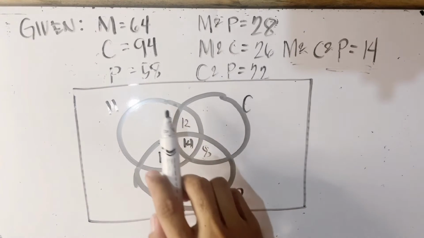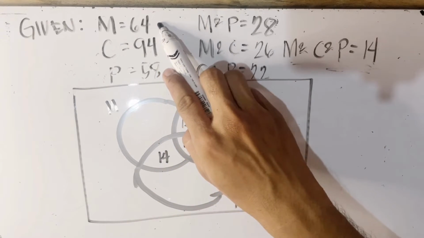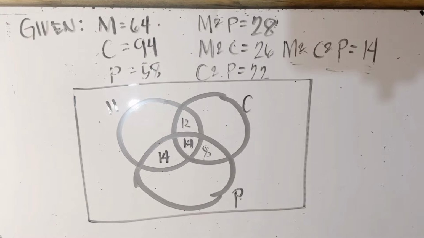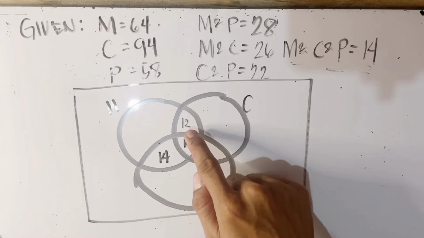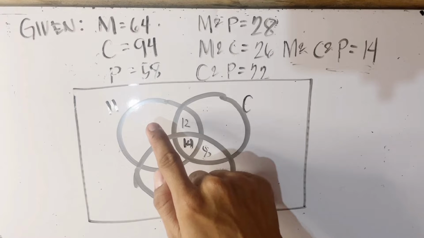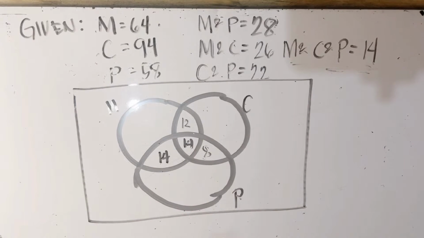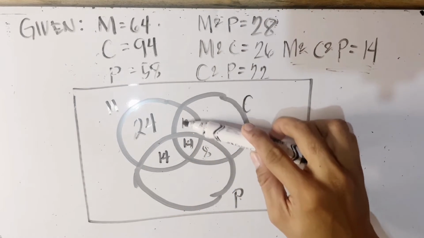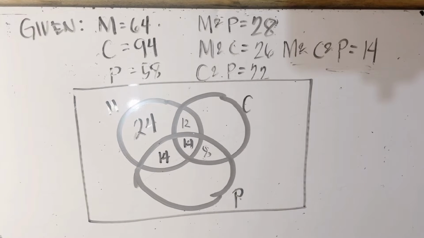If this circle is for mathematics, which is equal to 64, we have already placed 14 plus 14 is 28. 28 plus 12 is 40. What is left is 24. Why? 64 minus 40 is equal to 24.